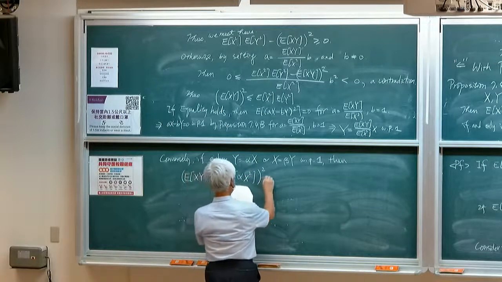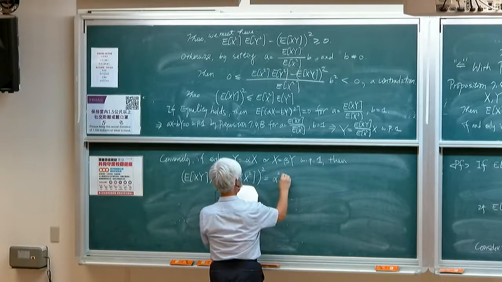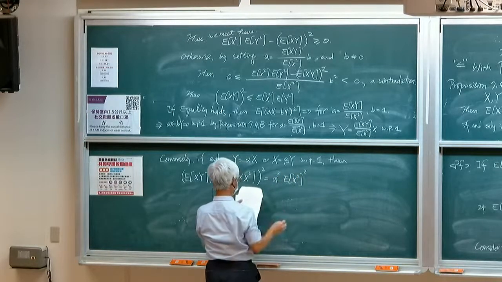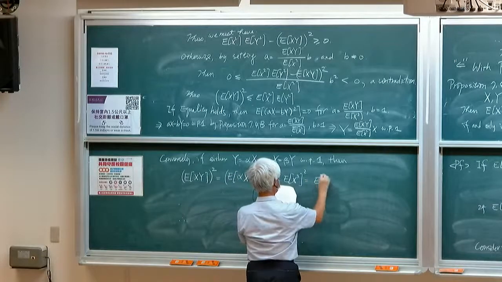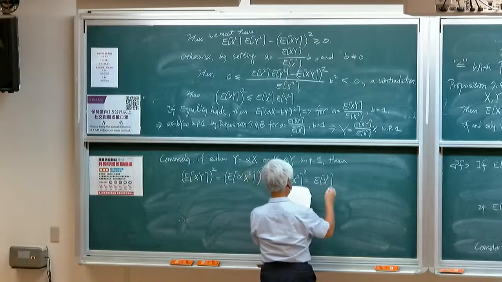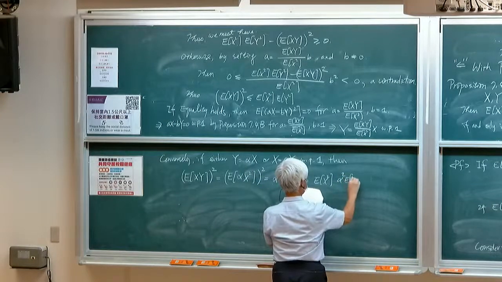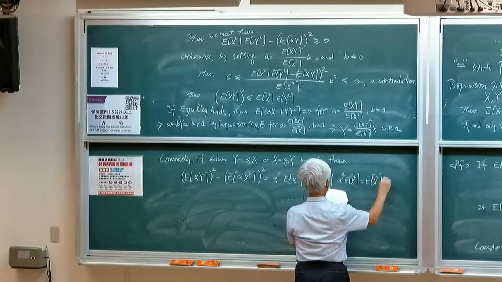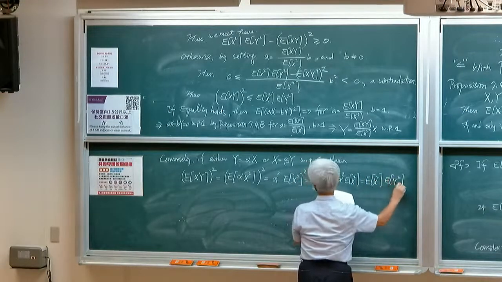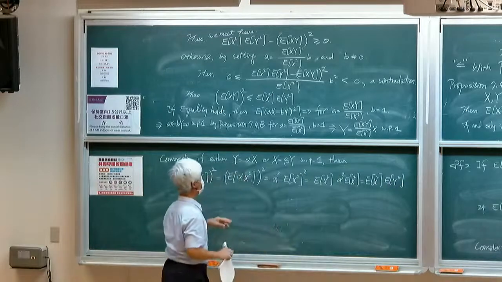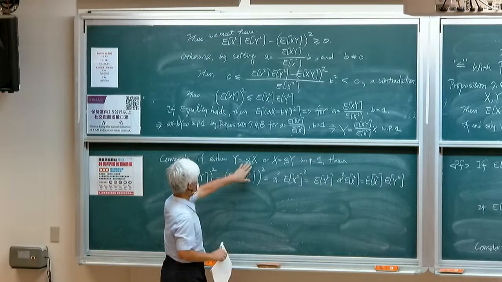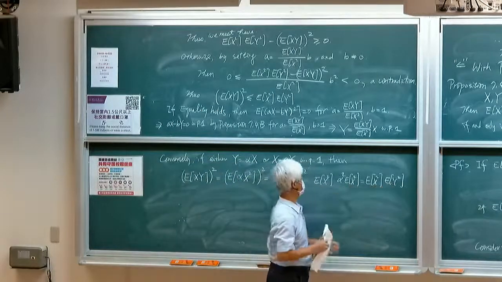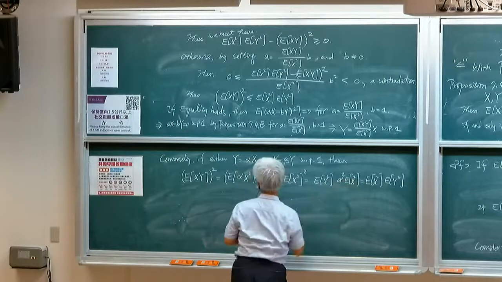Okay, and so we have alpha square, and you can split, alpha square E. Okay, because y is alpha times x, so you can absorb them inside.